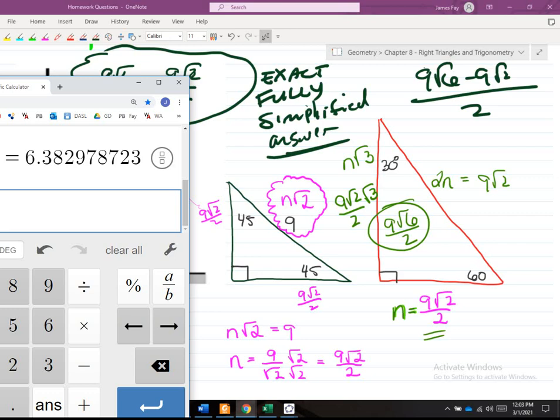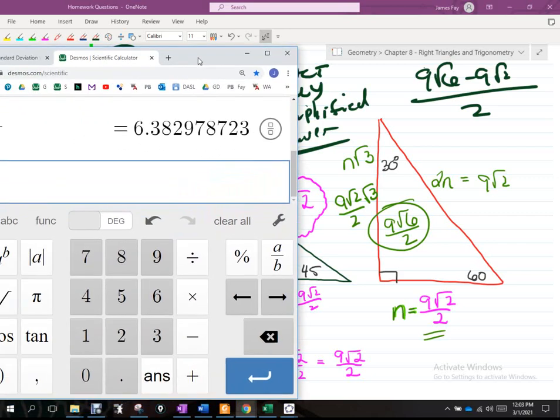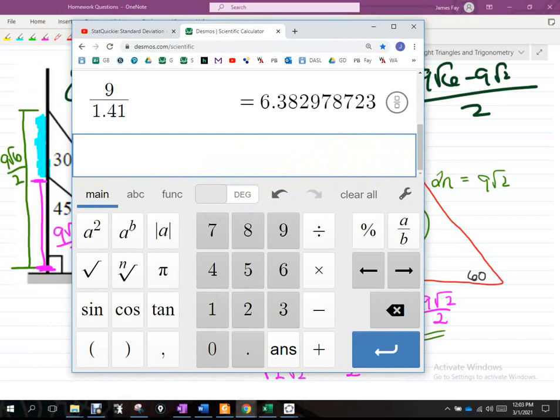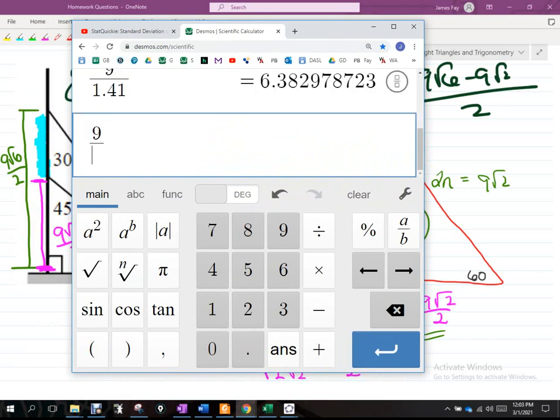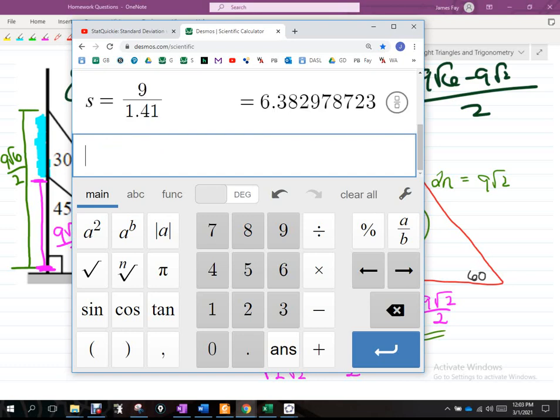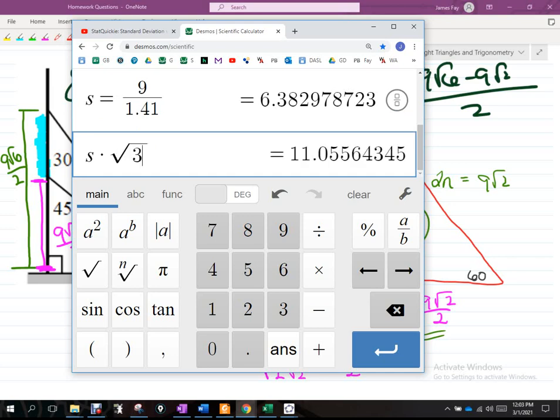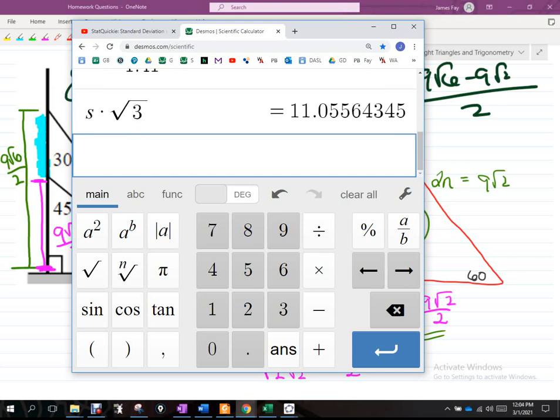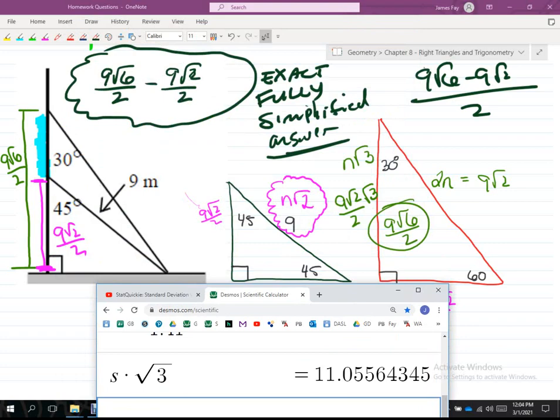Now, if I want to find this length here, I'm going to multiply that by radical 3. I'm doing this to show you just how drastic one rounding error can be. So I'm going to leave the radical 3 as radical 3. So s times square root of 3 would be this red distance here. Is it okay with everybody?